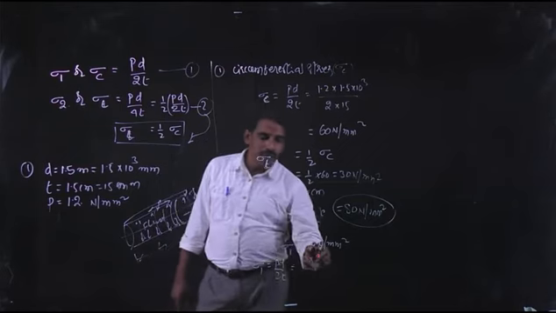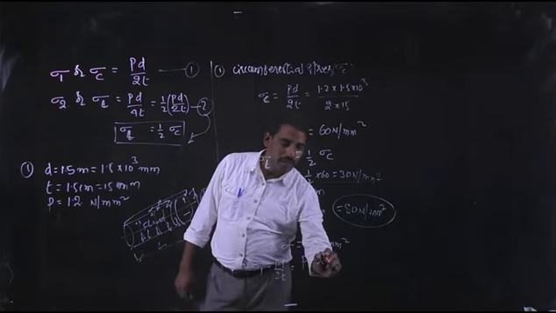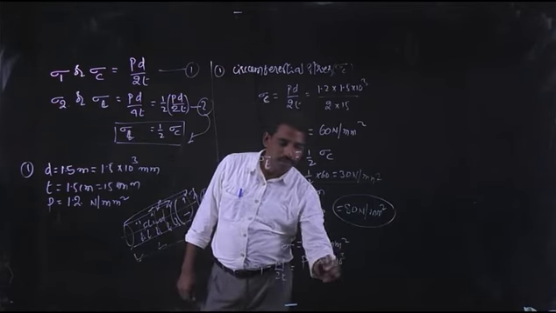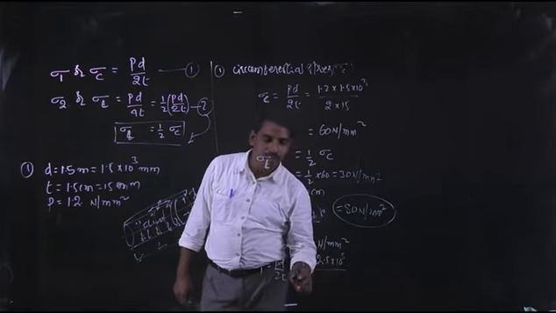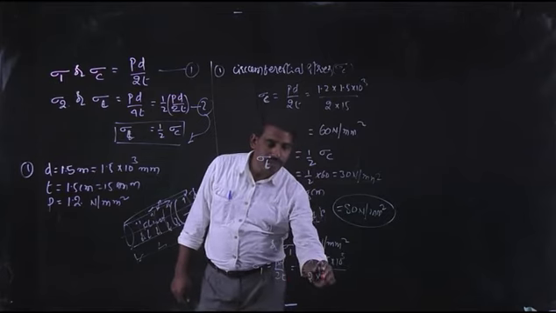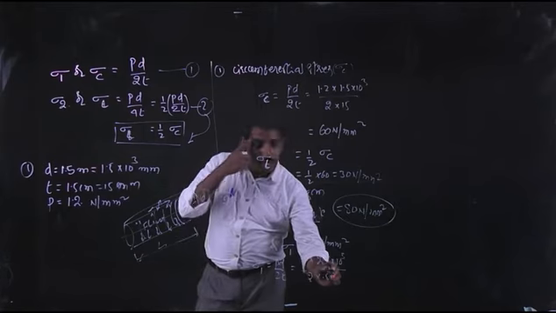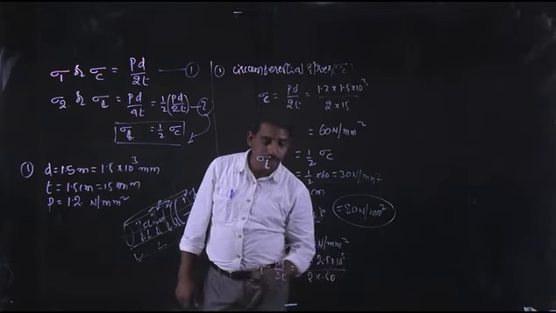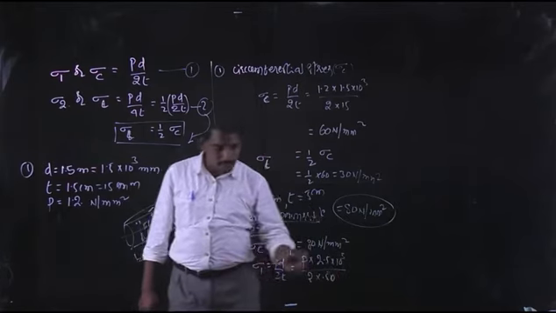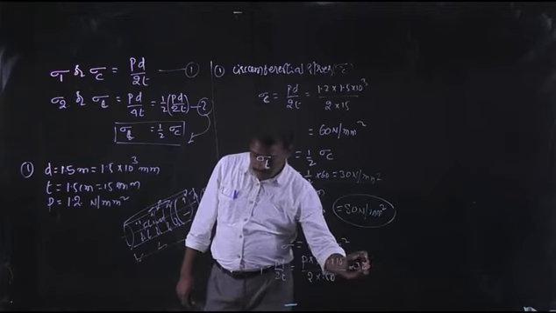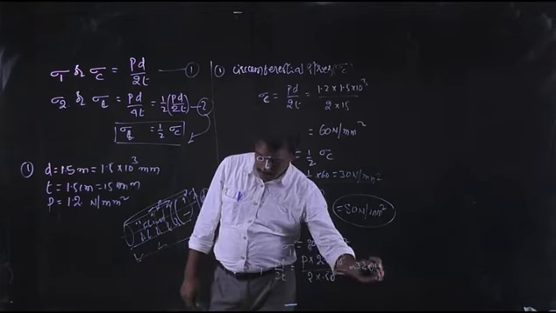You know D is equal to 2.5 into 10 cube mm, and 2 into thickness, which is 5 centimeters, that is 50. So we can find out the pressure, that is equal to 3.2 Newton per mm square.